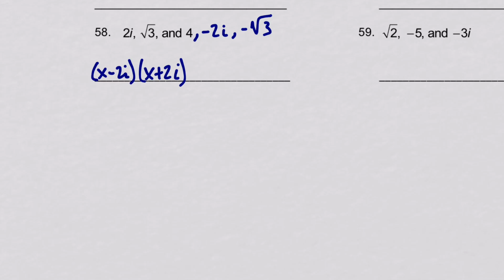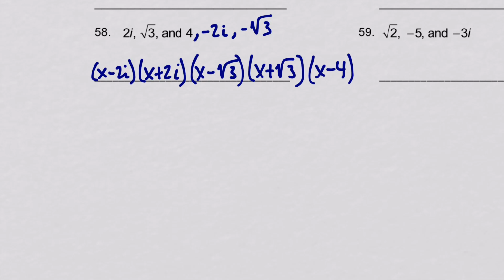I always put those two together. That's this one and this one. Okay. And then x minus radical 3, x plus radical 3. That's this one and this one. And the final one is x minus 4. And you're going to do a lot of multiplication there to come up with your final polynomial.